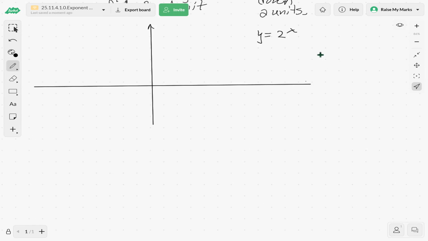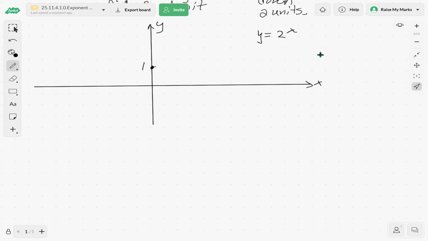The y-intercept occurs when x equals 0. When x equals 0, 2 to the power 0 is 1. So that's our y-intercept. Now this is an exponential function, so we do have an asymptote. We have a horizontal asymptote, and where is that? The horizontal asymptote is the line y equals 0, so it's the x-axis.